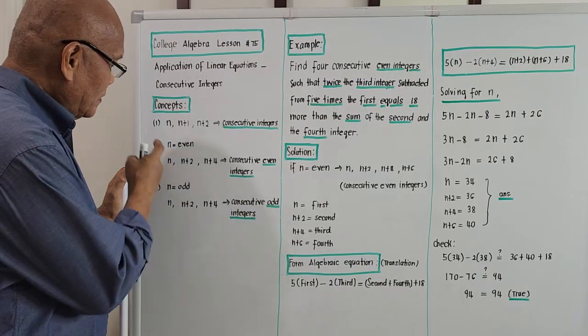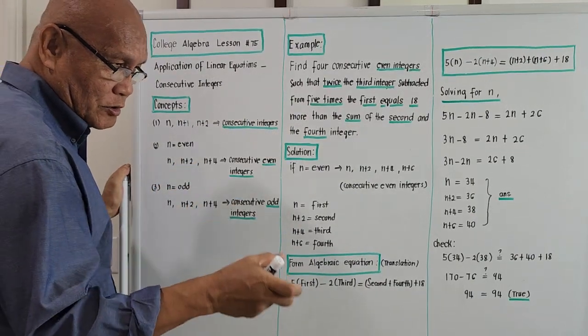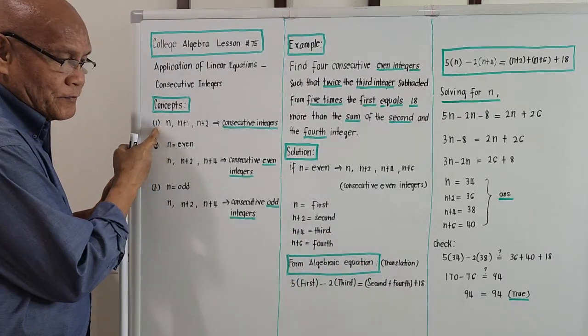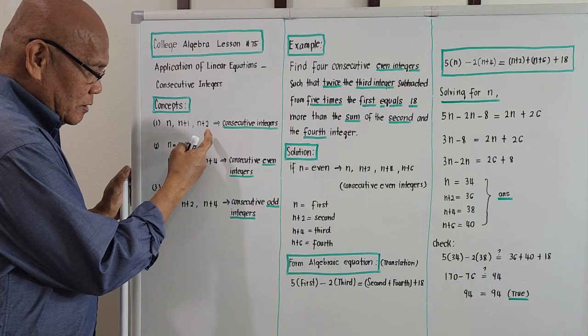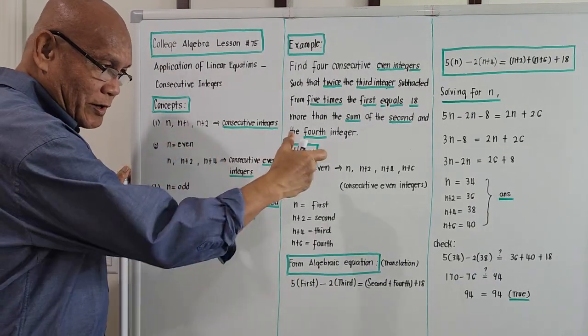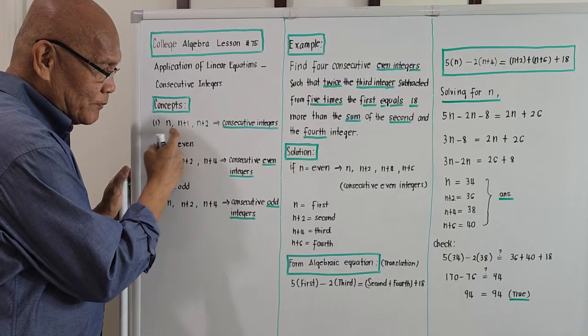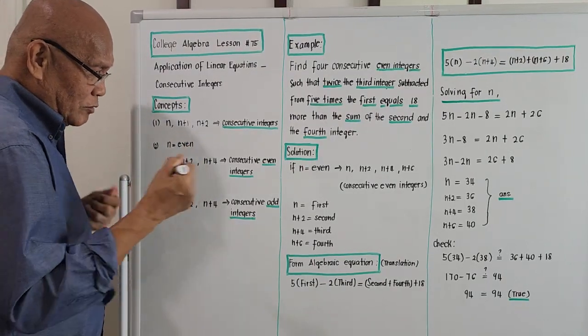The representation of the consecutive integers will be n plus 1, n plus 2, n plus 3, n plus 4, and so on. In general, they are just plain consecutive integers.